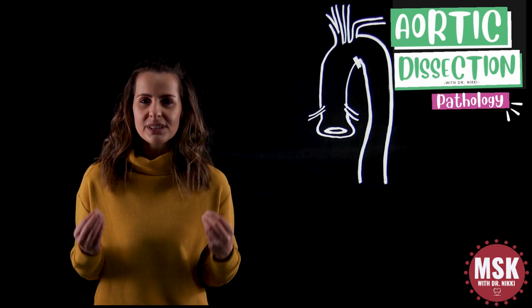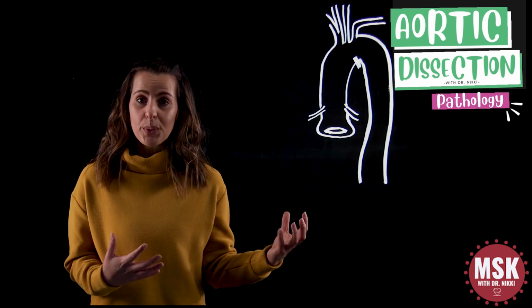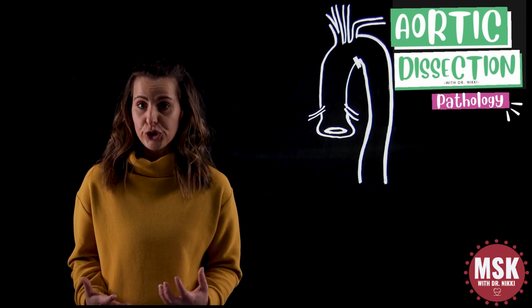So this super strong vessel is going to originate from the left ventricle of the heart, where it is going to pump oxygenated blood through the aortic semilunar valve that is located at the aortic orifice or root.